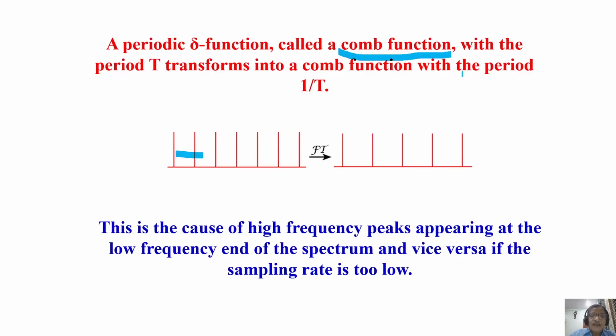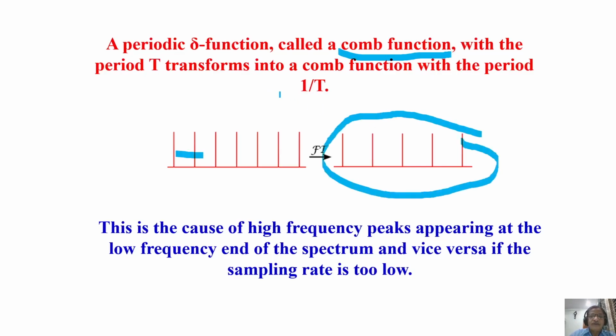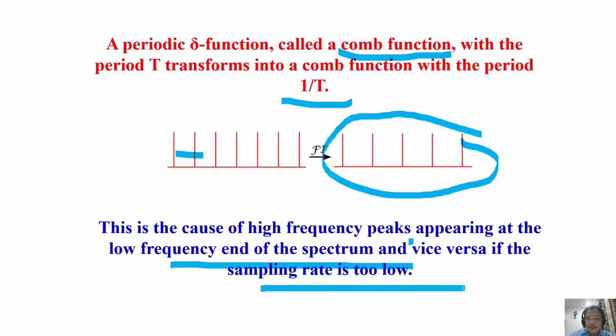Interestingly, the Fourier transform of this is also a comb function, with period 1 over t. This is the reason for high frequency peaks appearing at the low frequency end of the spectrum and vice versa if you do not obey the Nyquist theorem.